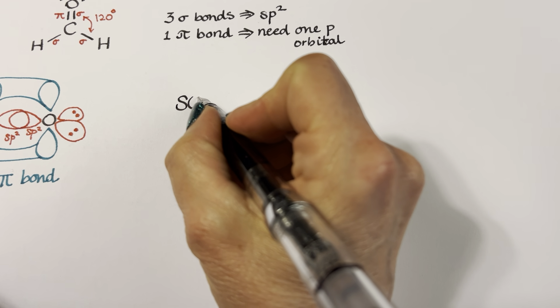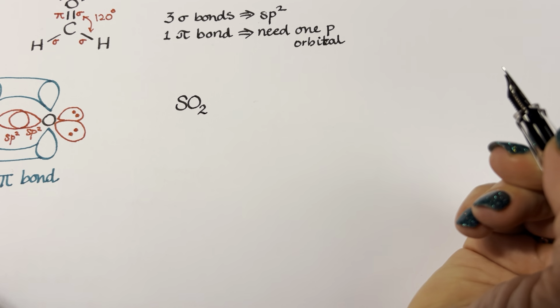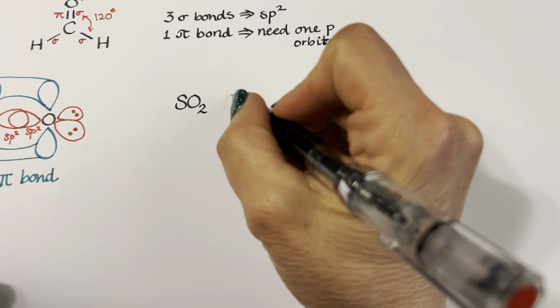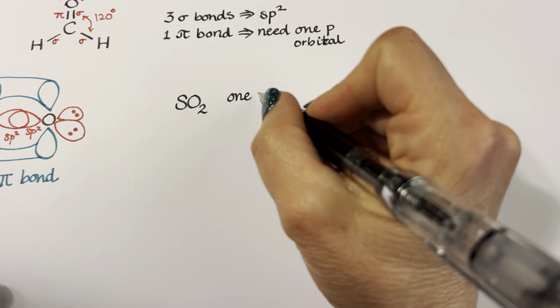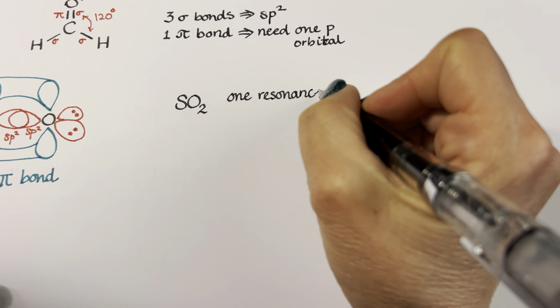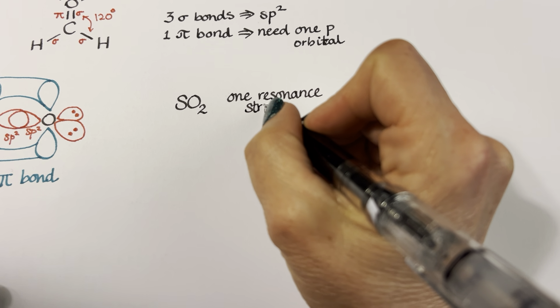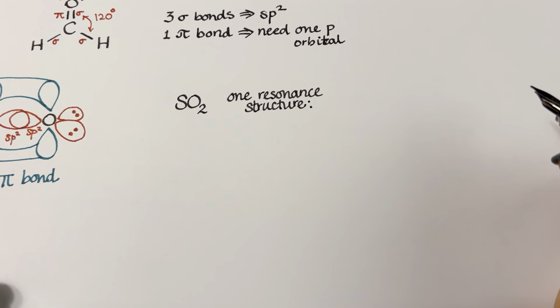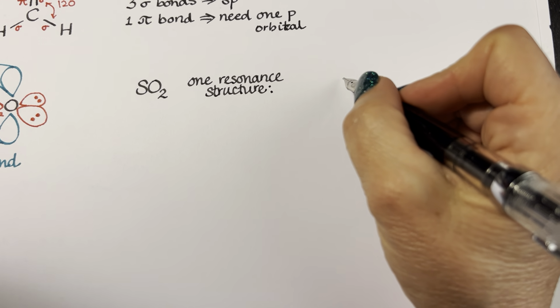Now, this does end up having resonance structures. I am just going to draw one of the resonance structures, and I'll put that here. One resonance structure would look like this.